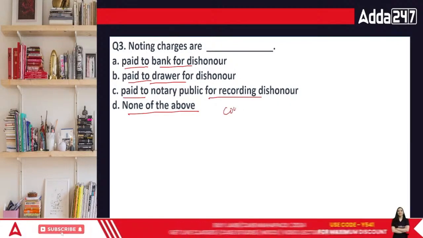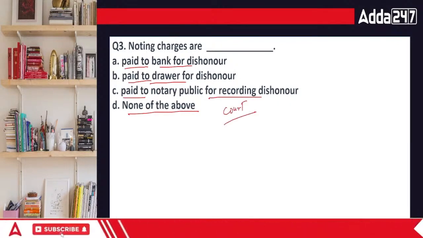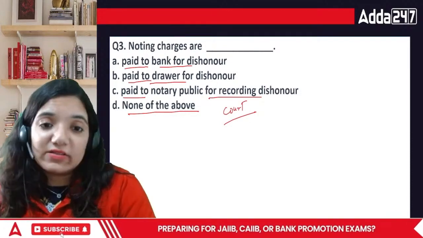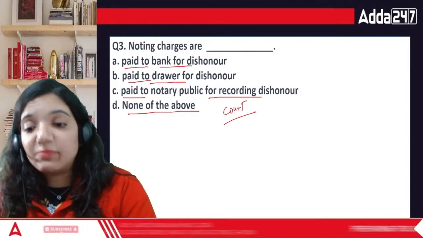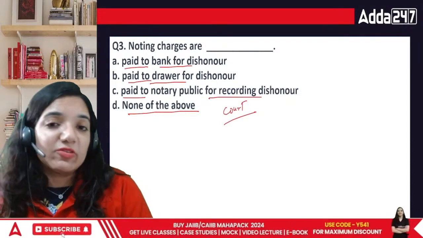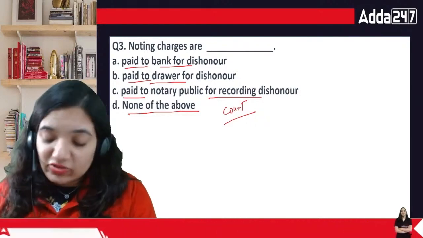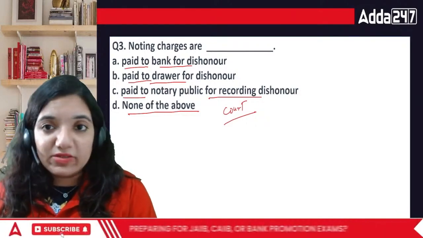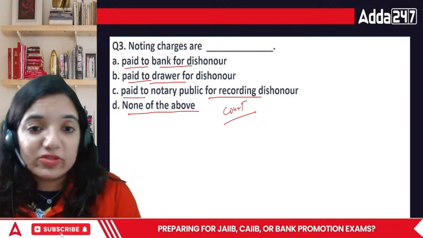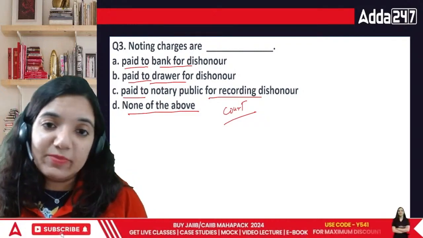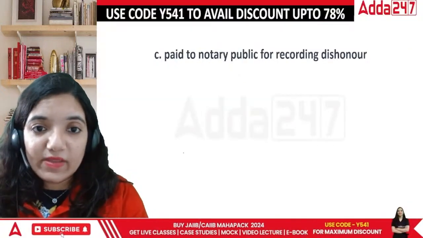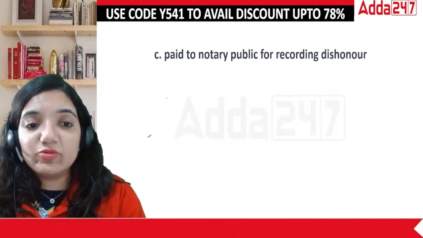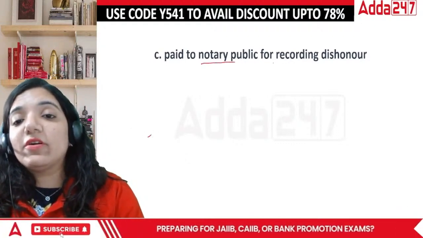We are getting it acknowledged that yes, the person was supposed to pay a certain amount of money, but he hasn't paid. So technically, this is just an acknowledgement. It's proof that yes, the particular person was supposed to pay and he didn't pay. Then it is paid to the notary public for recording the dishonor.